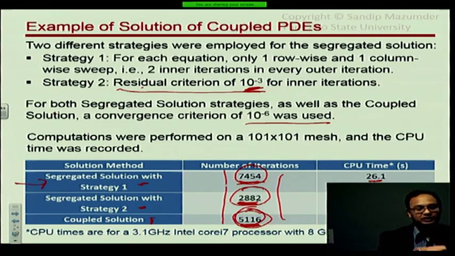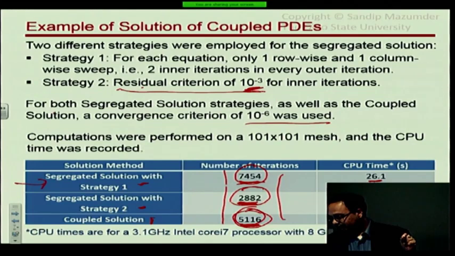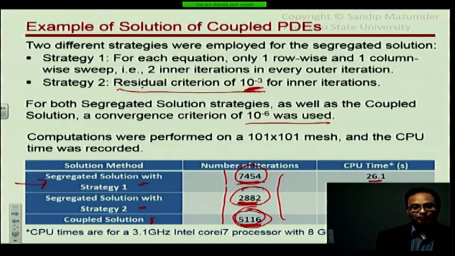In a reacting flow, for example, you would be recalculating your reaction rates. Those calculations take up a lot of time because you're doing it for every cell in your computational domain again and again. So if instead of 5,116, I have 500 there, that means I'm doing significantly fewer auxiliary calculations.